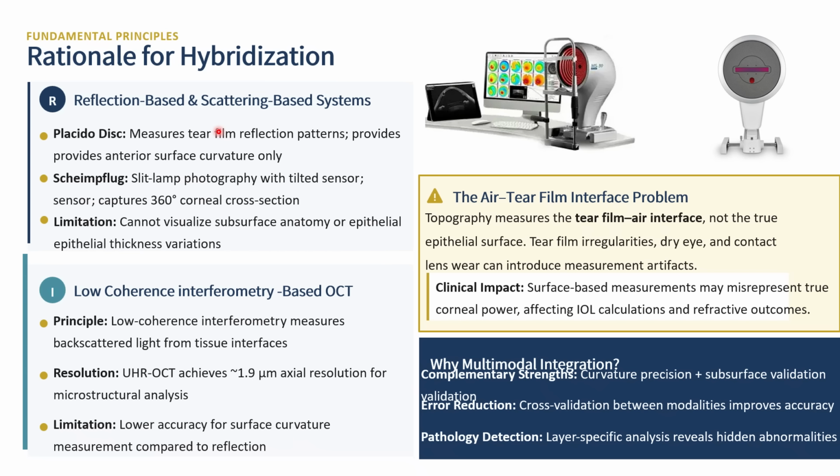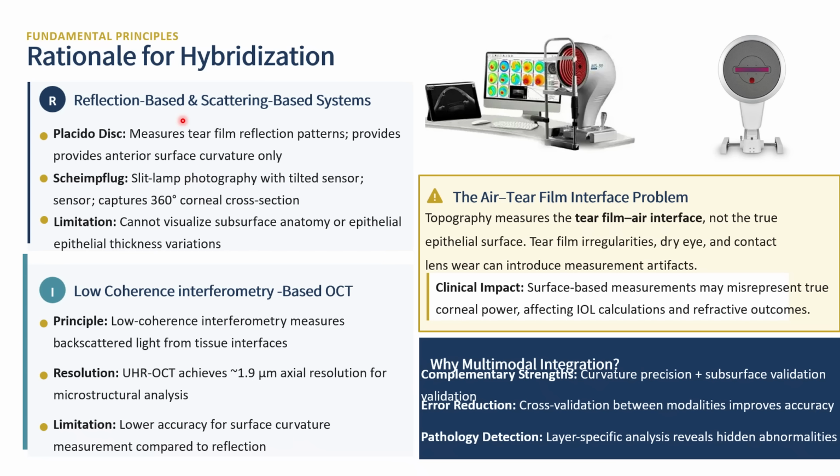If there is any dryness of the cornea, this might give unreliable results, especially if there are irregularities of the corneal surface. Now when we combine the reflection based system with OCT, which has good subsurface anatomy and very high resolution, we can overcome this to some extent.